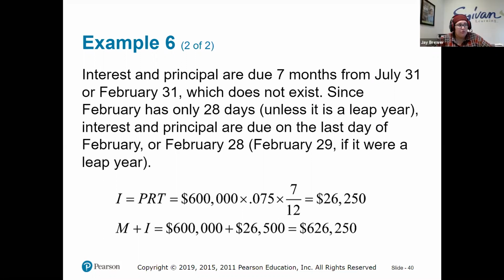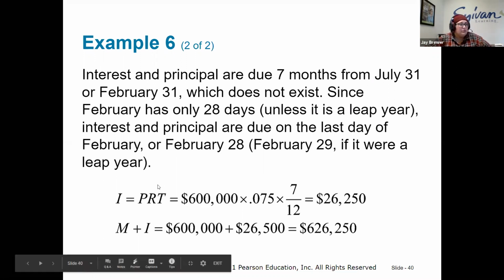So March 3rd would be if you went the true 7 months. But yes, what it's saying here is that it'll be due on the last day of February. Okay. So that way people won't get confused. They just know it's the last day of the month, which to be honest with you, is probably when I would have paid it anyway.